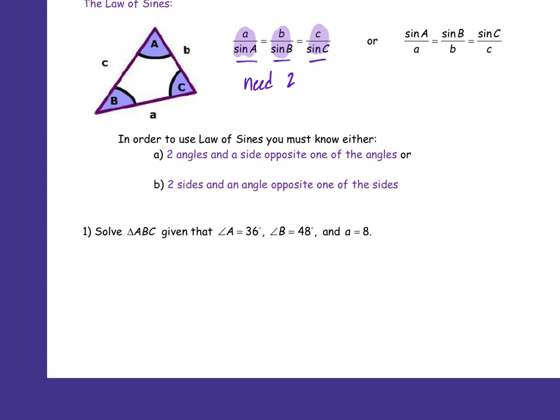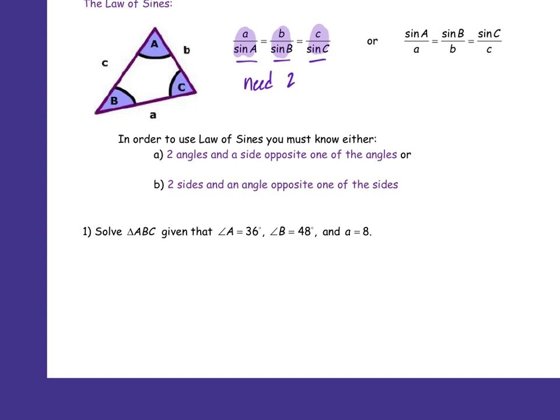Just so you guys know, these are not right triangles. Once I start using law of sine, it's not a right triangle anymore. If it's a right triangle, I'm going to use my SOHCAHTOA. Although, just so you know, I can use law of sine on a right triangle. It does work.